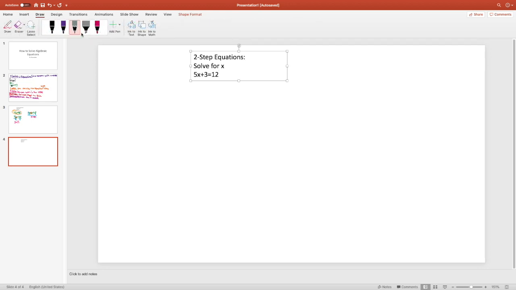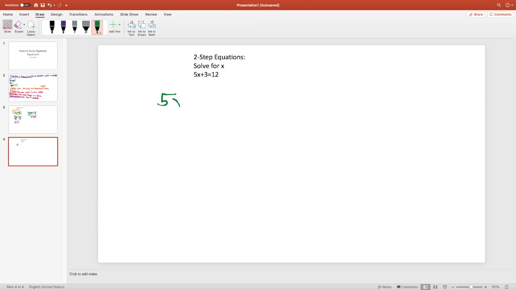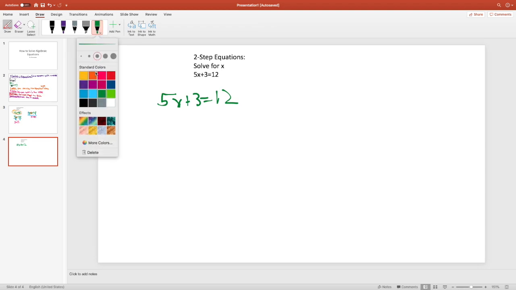So obviously, the first step is to rewrite the equation: 5x plus 3 equals 12.